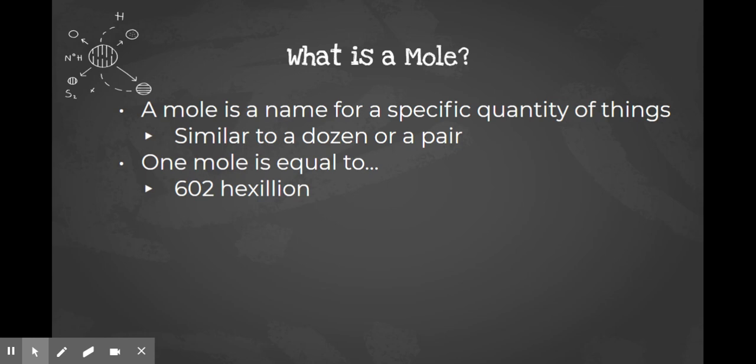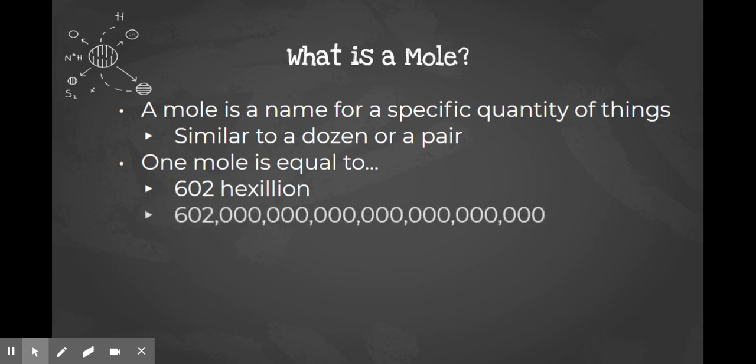You might not have even heard that. It's way past billion and trillion. When we get to 602 hexillion, that number looks like this. This is 602 hexillion, which, if you counted all those zeros, it is 602 with 21 zeros after it. So that is a super large number. It would take you way longer than the rest of your life to count up that high.